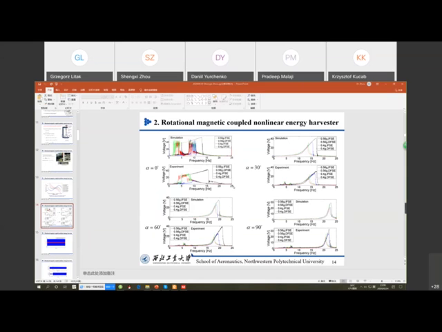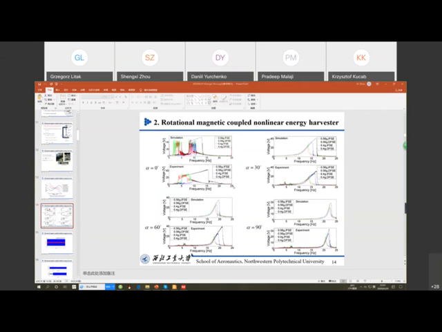Broadband can be divided into two kinds of excitations. One is harmonic, which has a very broad frequency range, and the other is random. For the harmonic one, for example, rotational motion is also harmonic, and so are other applications such as machines, which have a periodic response, and the frequency of the periodic motion is not constant.